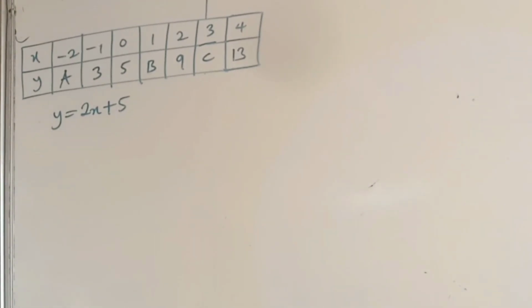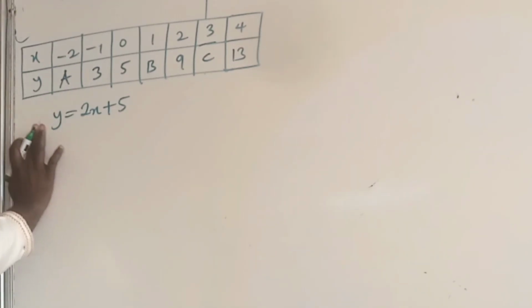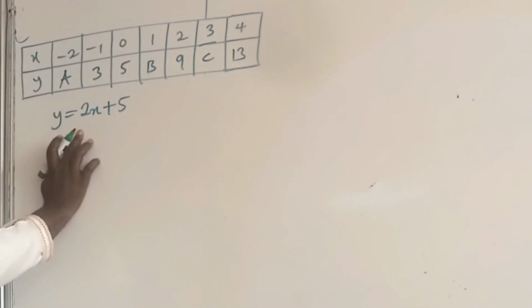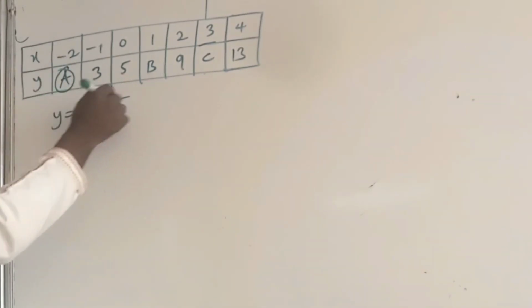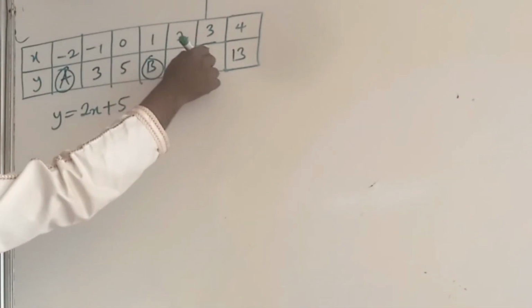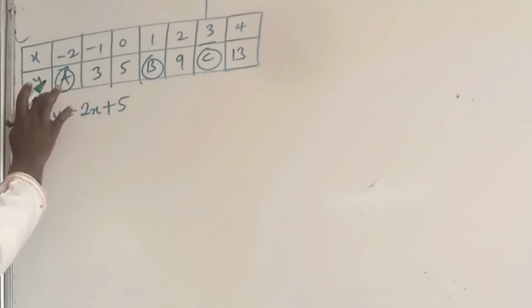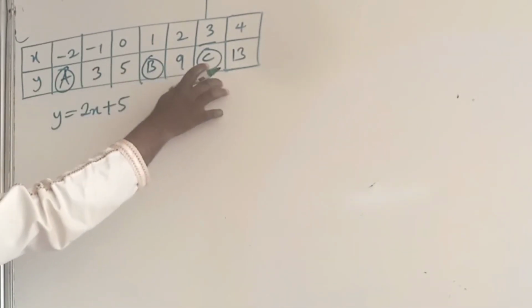So we are given a table of values. In this case, we have the relation y equals 2x plus 5. We are looking for A, B, and C. So let's get the value of A, B, and C.